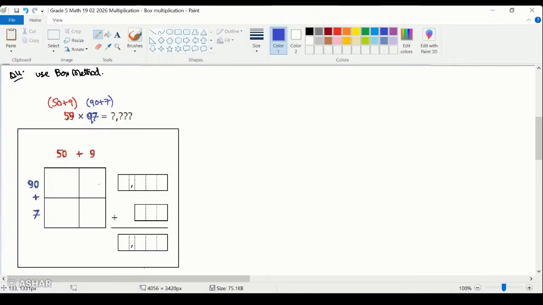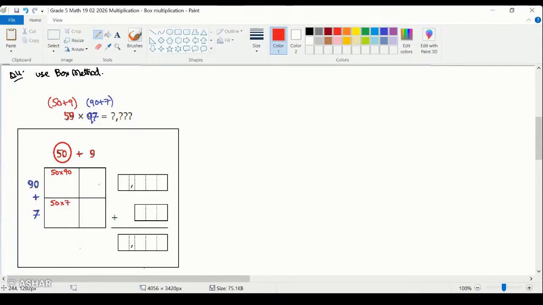Agreed? So what we need to do is, first things first, this 50 over here will be multiplied by 90 and 7, both of these numbers. So we can write 50 multiplied by 90, and we can write 50 multiplied by 7.